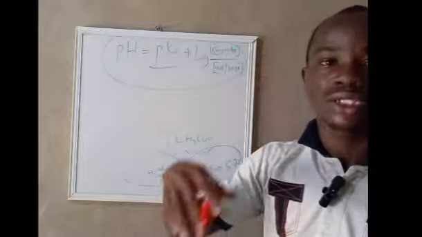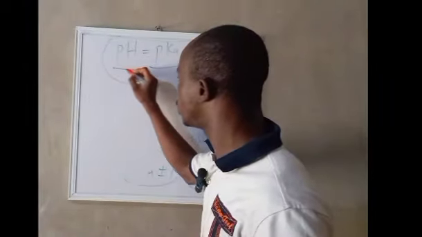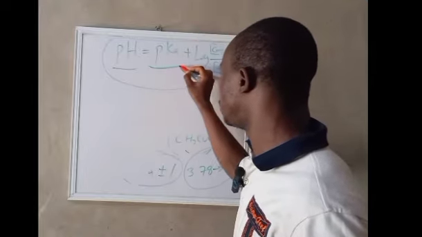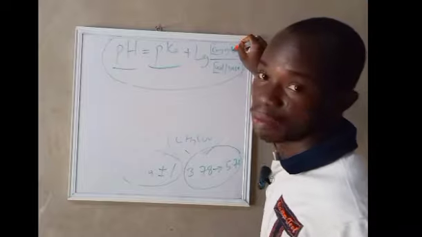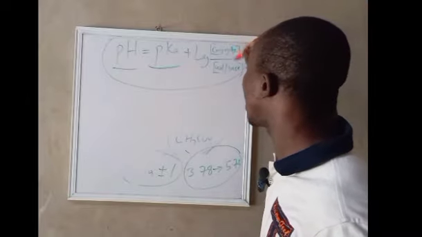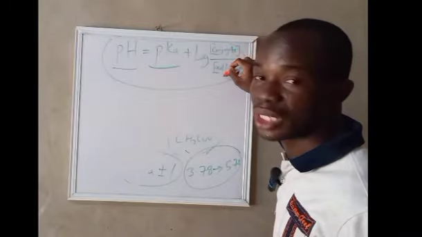In another way, they can ask you to go in the opposite direction: they give you the pH of the buffer and the pKa, and ask you to determine the amount of conjugate acid and base that is present, or conjugate base and weak acid.